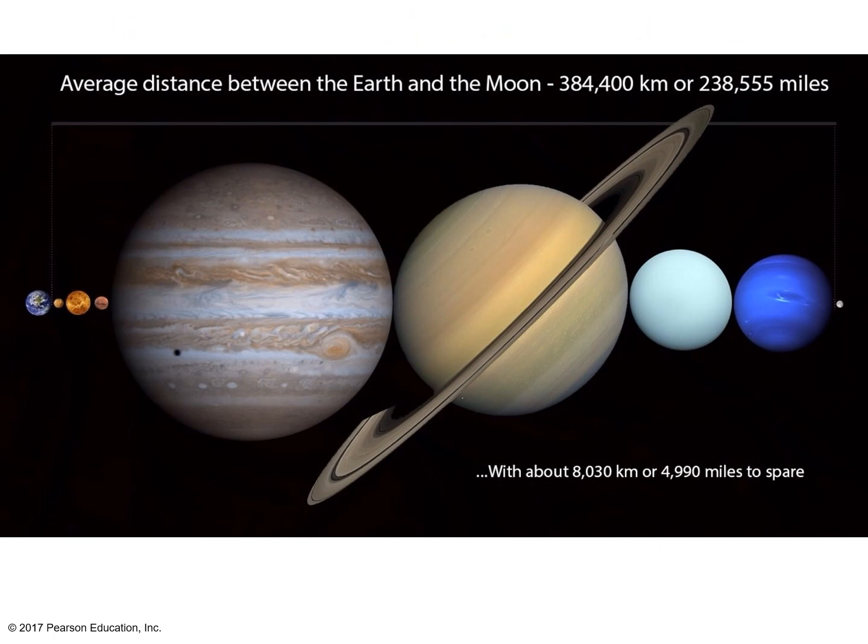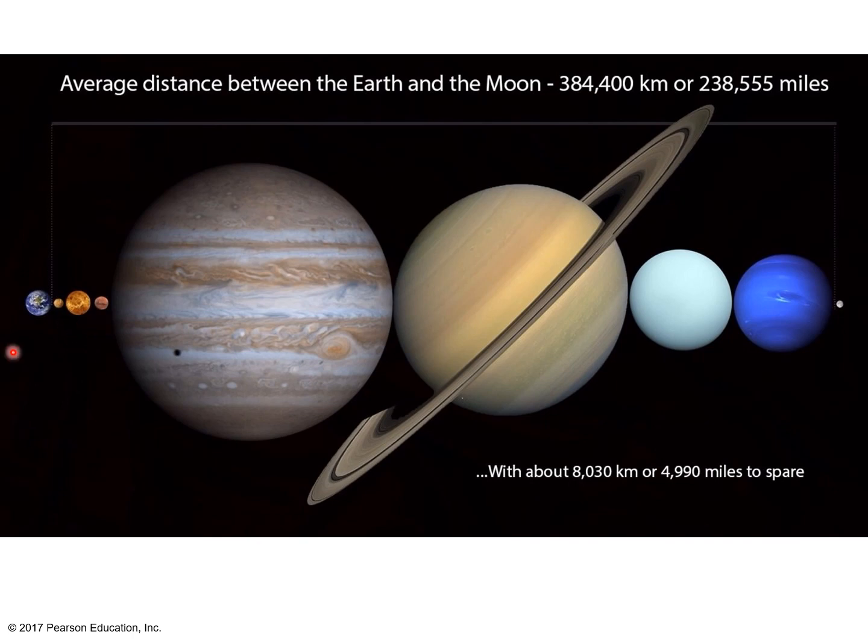Here also are the planets. These are all photos of the planets, and they are drawn to scale of size. So you can see Jupiter is the largest one, and then Saturn, then Uranus, then Neptune, and then Earth and Venus and Mars and Mercury.